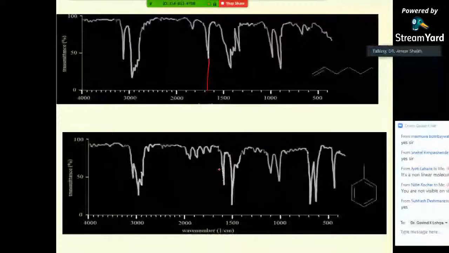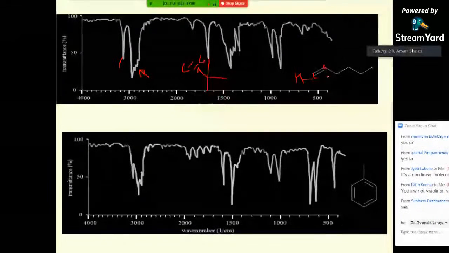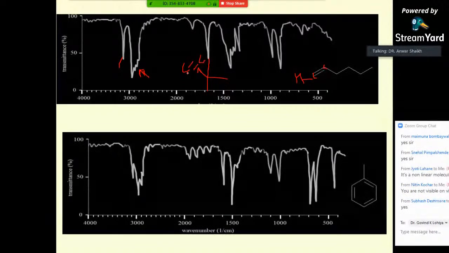So it is due to the C double bond C. So we will be majorly looking at three peaks here: the peak at 3100, the peak at 2900, and the peak at 1650, which clearly indicates that your molecule is, say for example, an alkene.